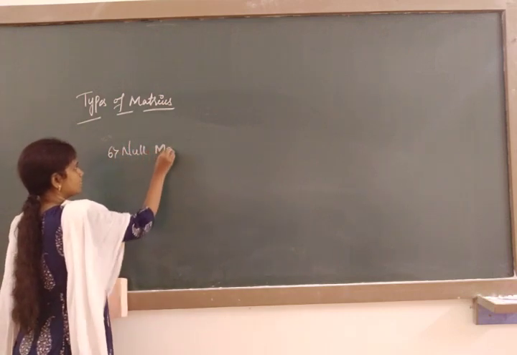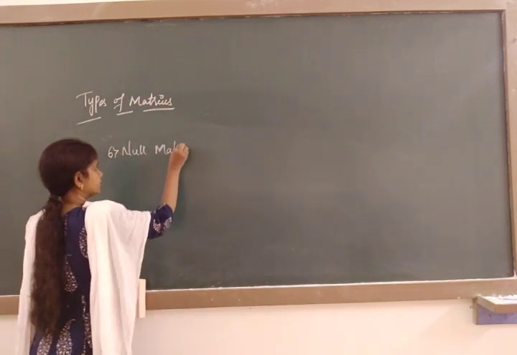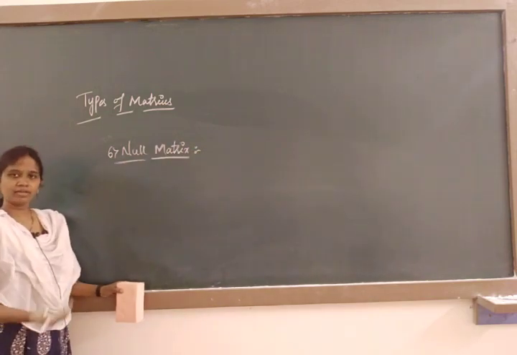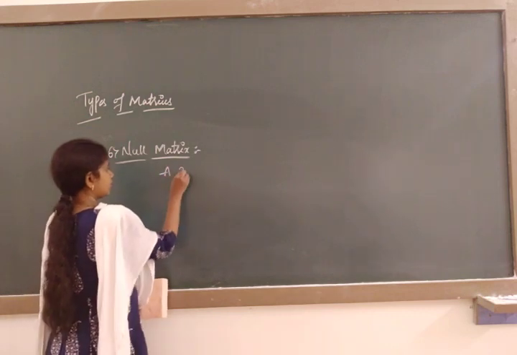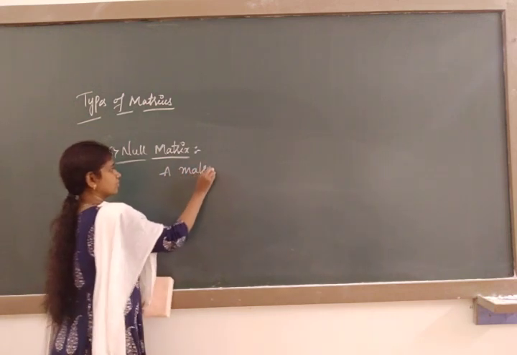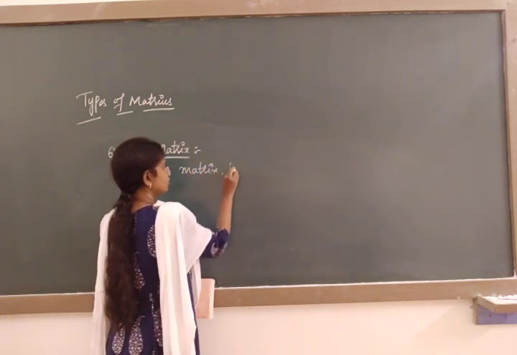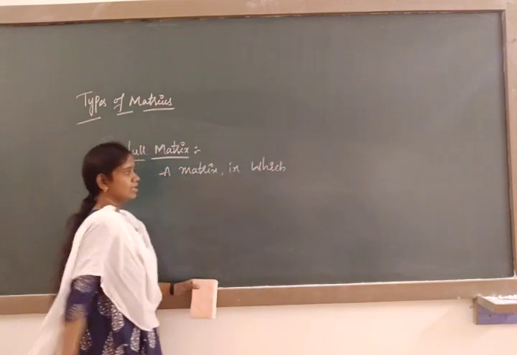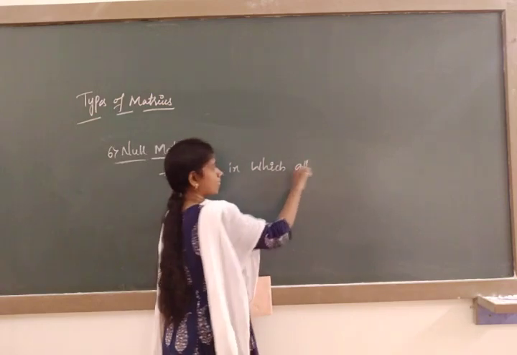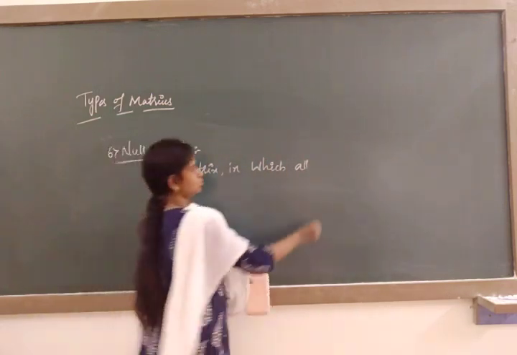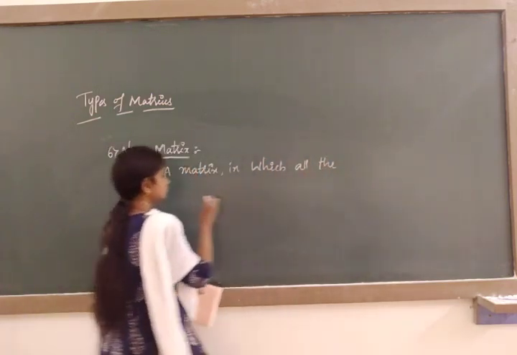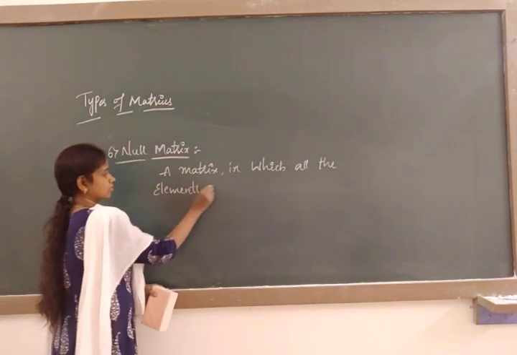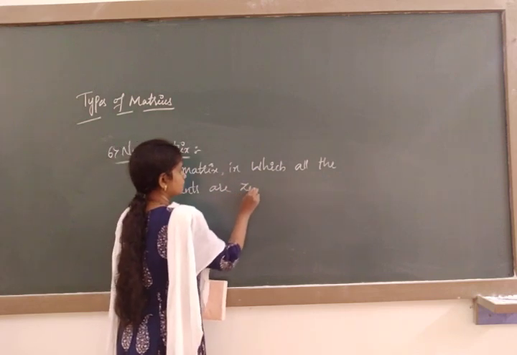Null matrix. Here it is not a condition that it should be a square matrix, you can take any order. A matrix in which all the elements are zero.